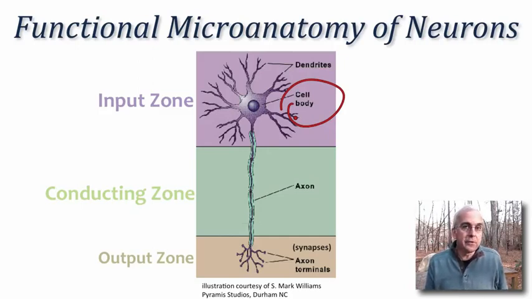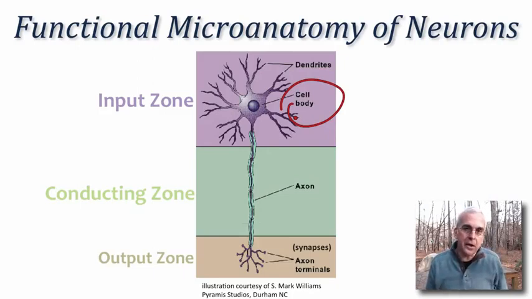We find an abundance of mitochondria for generating the enormous energy supply that's necessary to keep neurons functioning within their homeostatic states. So, for a variety of reasons, the cell body is a very important component of the neuron.